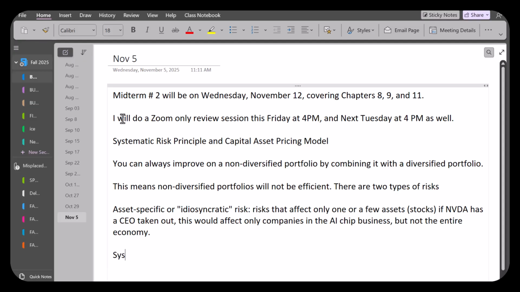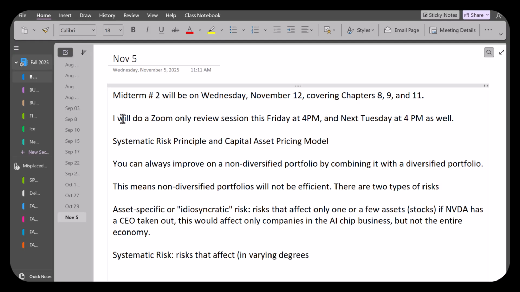Alternatively, systematic risk. These are risks that affect in varying degrees most, if not all assets.